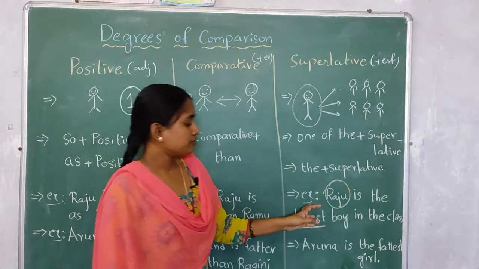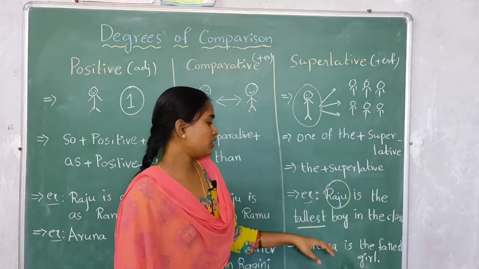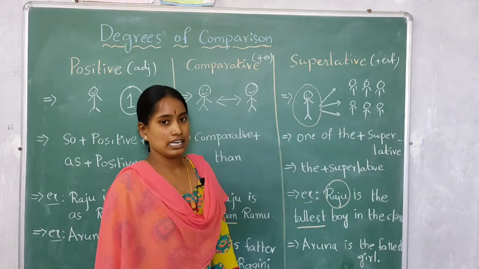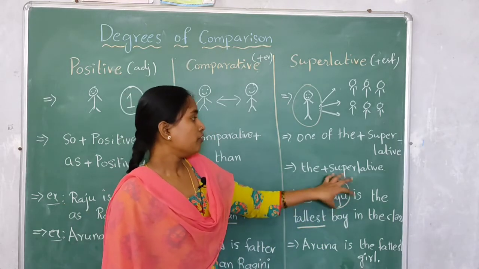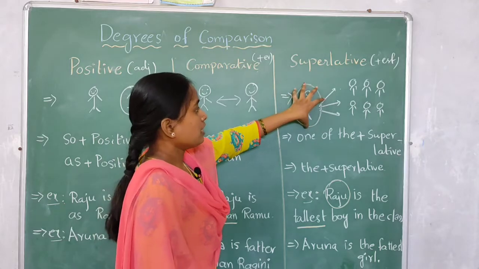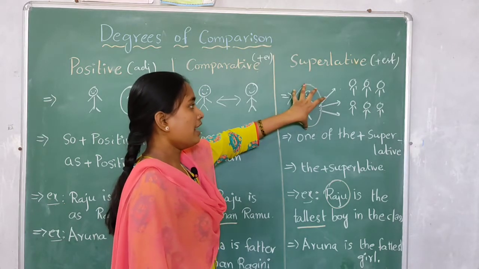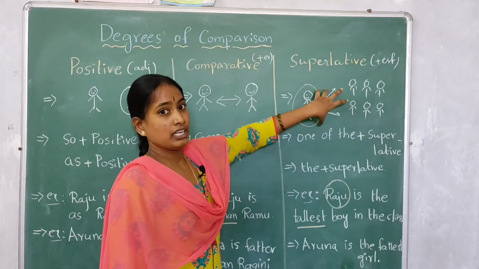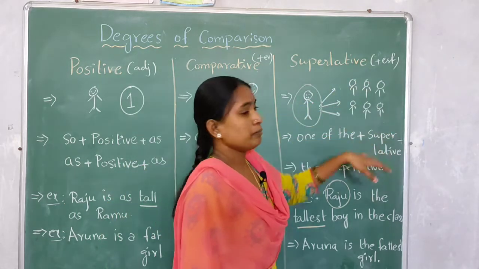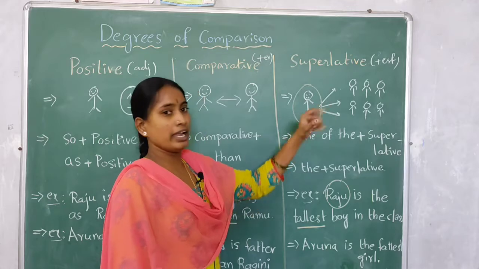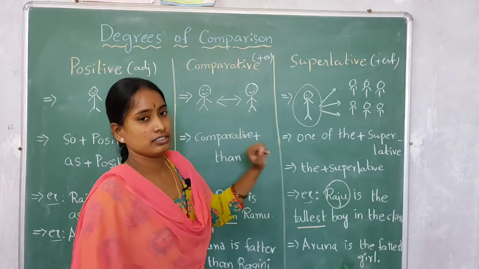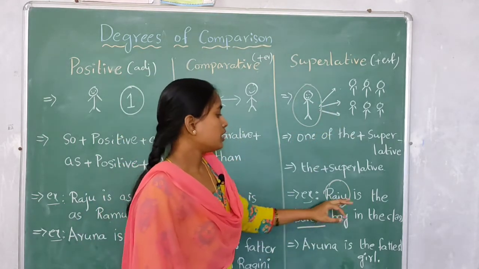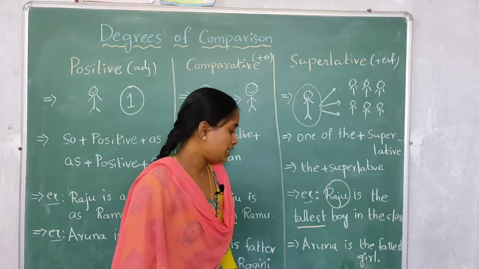Next, superlative. Raju is the tallest boy in the class. Here, let us say this person is Raju and we are comparing with the whole group. We are comparing Raju with all the class members. So 1 to many. This is 1 to 1. This is 1 to many. Raju is the tallest boy in the class.